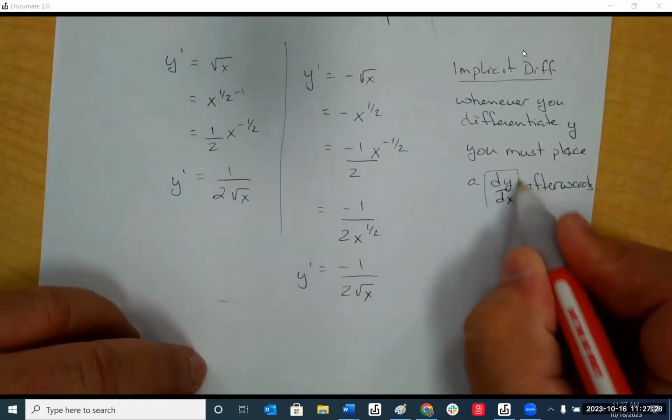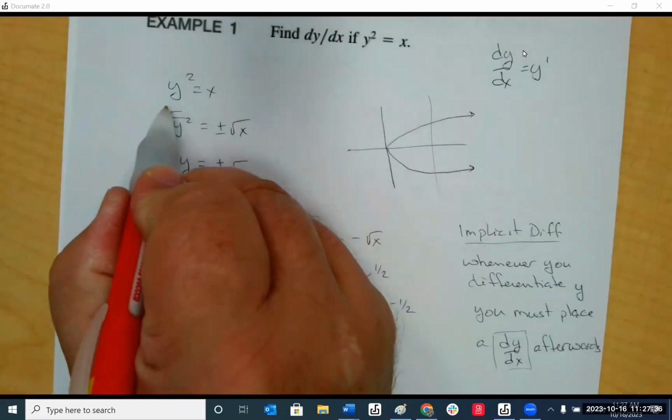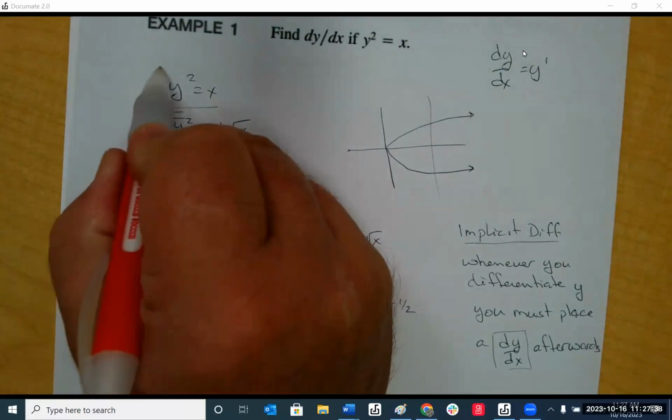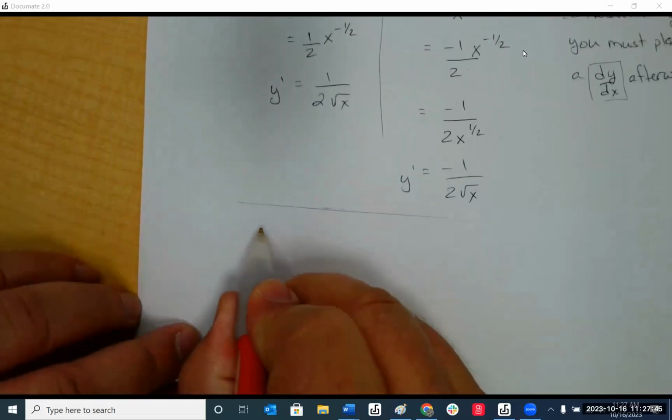So this is where your dy dx comes in. Why? Because y is still a function of x. So let's look at how we do this one now. Instead of doing the long way we did here, let's do it implicitly.